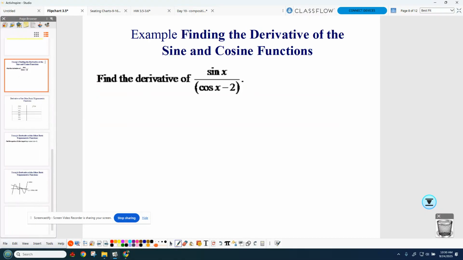Using those two, do the quotient rule with this. What do you get? Excuse me.